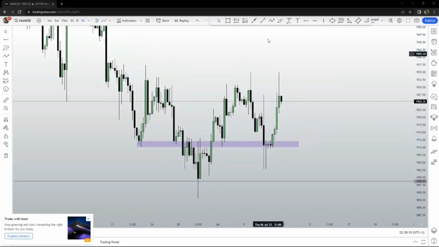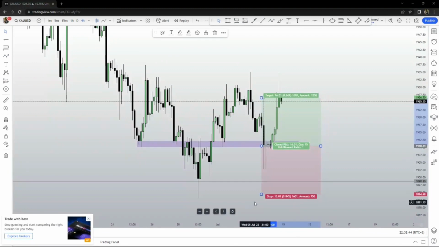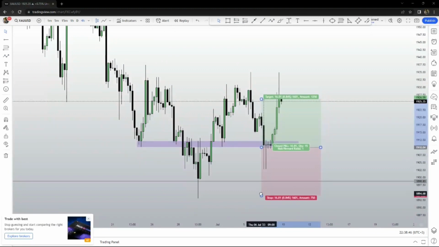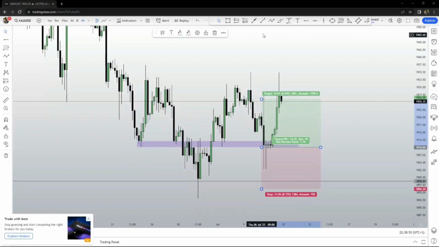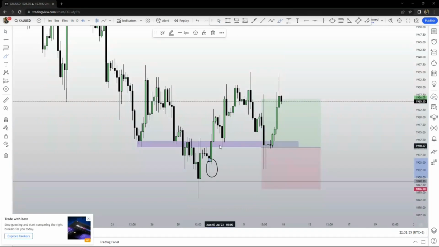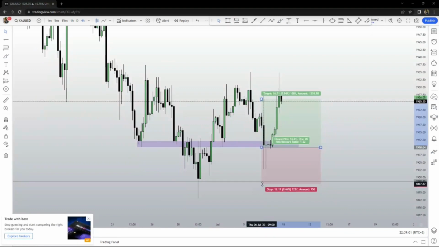This is the 4H, which means if you use a 4H, your stop loss should be at least below this low here. It could be here, but your stop loss should be below this low. You get, at around here. There you'd be a swing trader.